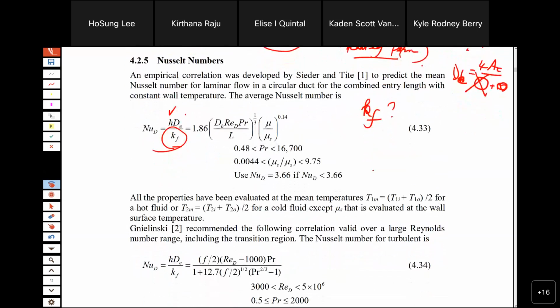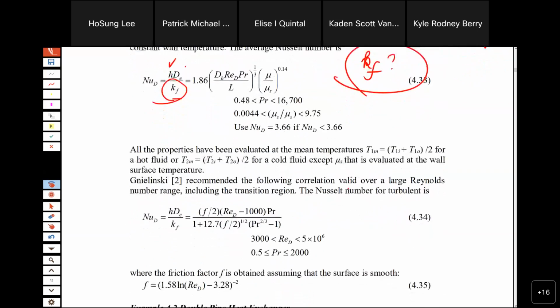It's the fluid's heat transfer coefficient, or not heat transfer, but conductivity, thermal conductivity of the fluid. Yes, yes. You have to say exact terminology. Okay. Thermal conductivity of fluid. Yes. Gotta know that.